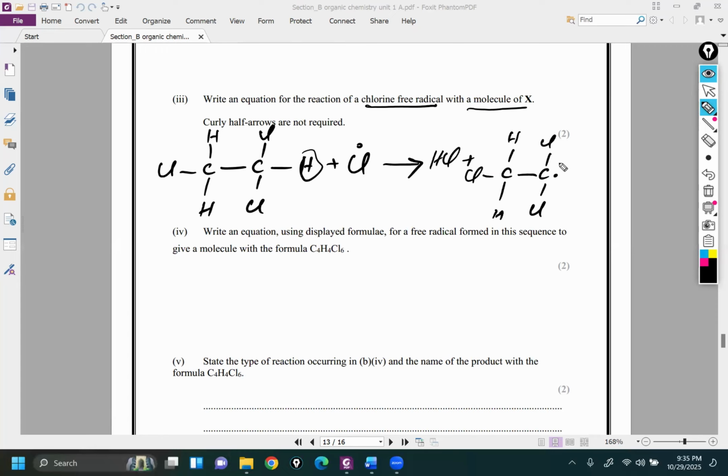Part 4, write an equation using displayed formulae for a free radical formed in the sequence to give a molecule with the formula C4H4Cl6. Now look here, this free radical, suppose you form here, you can copy this one, no problem.